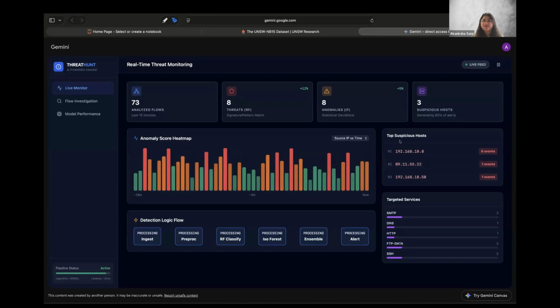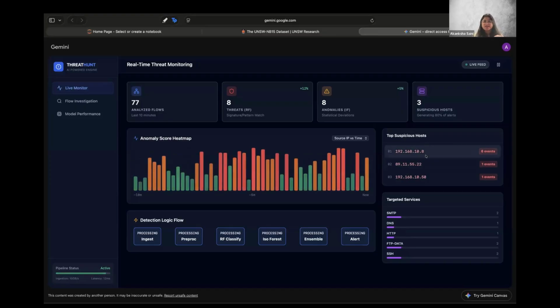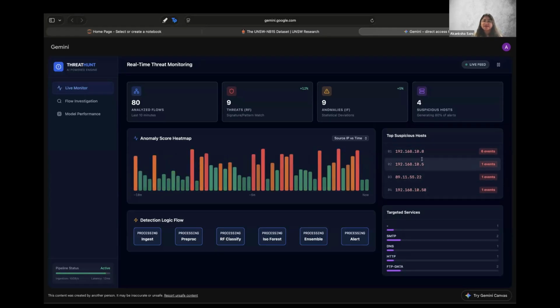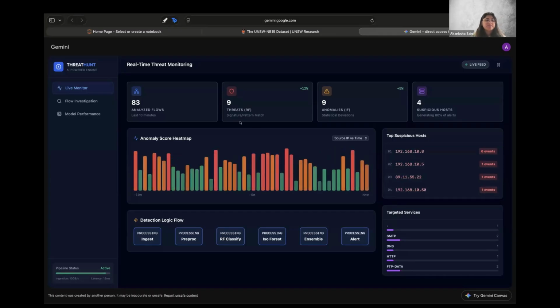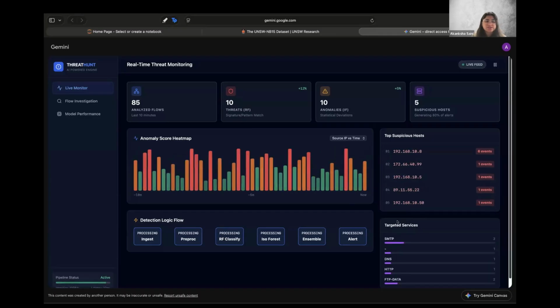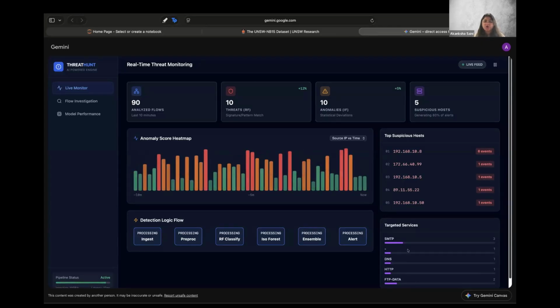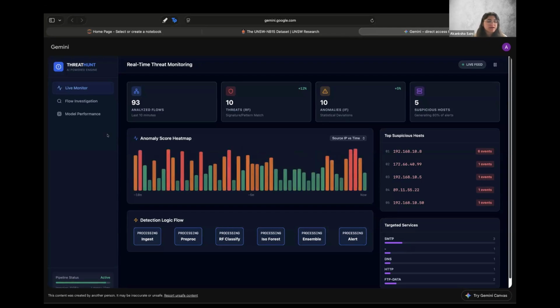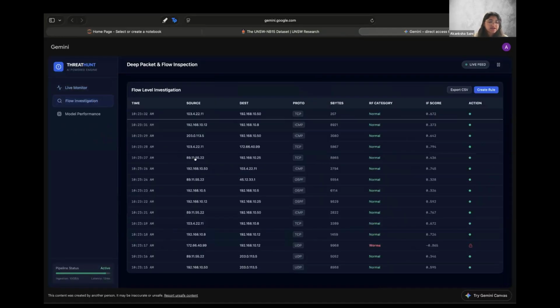On the right, we have a list of suspicious hosts as well, which lets us identify the potentially compromised systems in our network. Then, moving on, we also see the targeted services, and this shows which services are being targeted or generating the most anomalies.